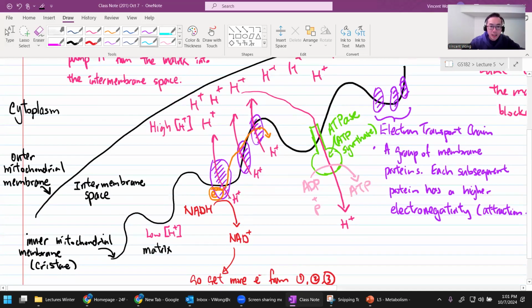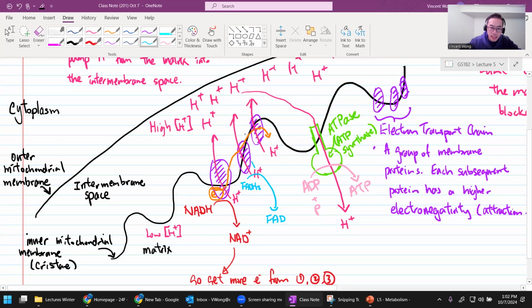So FADH2 is going to come along, and then it's going to drop off the electron and it's going to become FAD. But because FADH2, the chemical energy is less than the NADH, it's not going to be able to drop off the electron at as high of a point. Instead, it's going to drop off the electron at the second protein instead of the first protein.